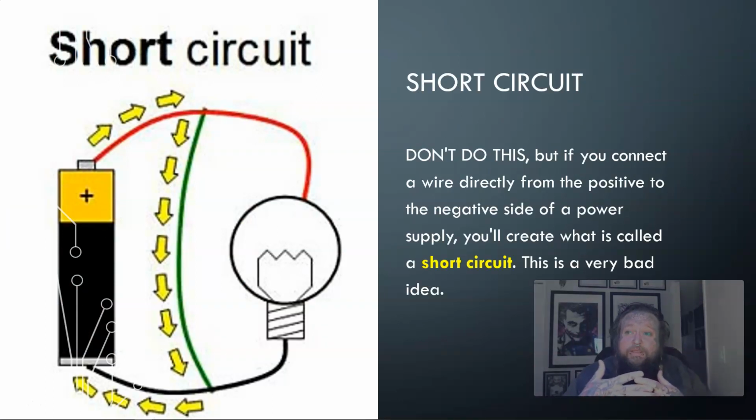Now, another term and thing to be careful about is short circuit. If we have a circuit, everything wants to flow from higher to lower, but it also wants to take the shortest possible path. Example here: don't do this, but if you connect a wire directly from the positive to the negative end of a battery, it's going to instantly start flowing.